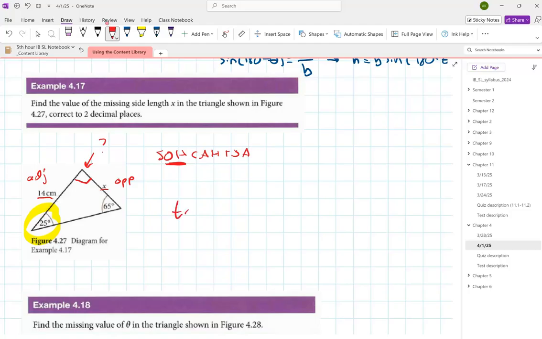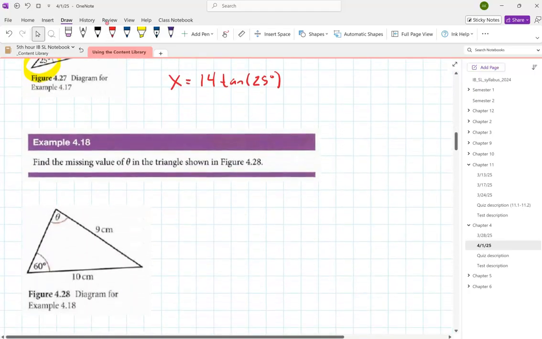Tangent. So tangent of 25 is opposite over adjacent. So x is going to be 14 times tan 25. Everybody okay there? No big deal, right? If it's a right triangle, nothing has really changed.